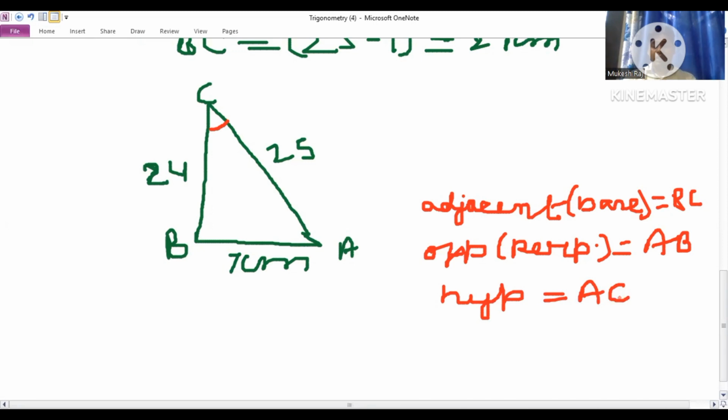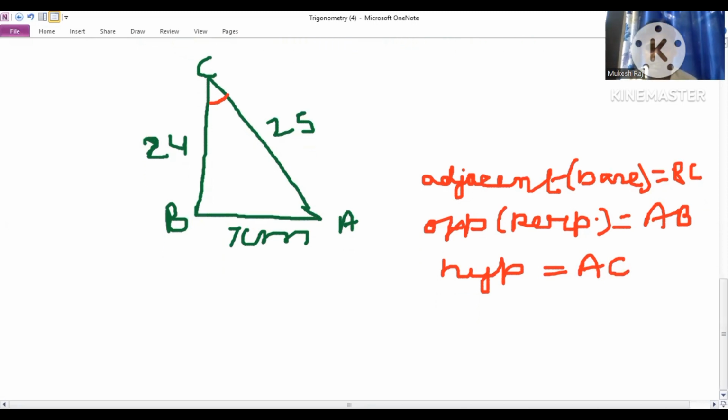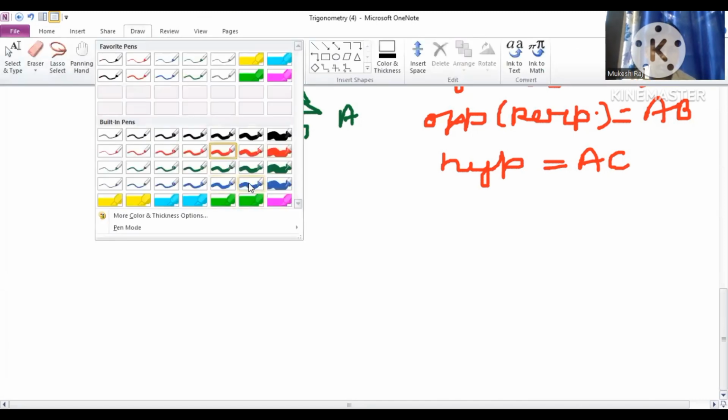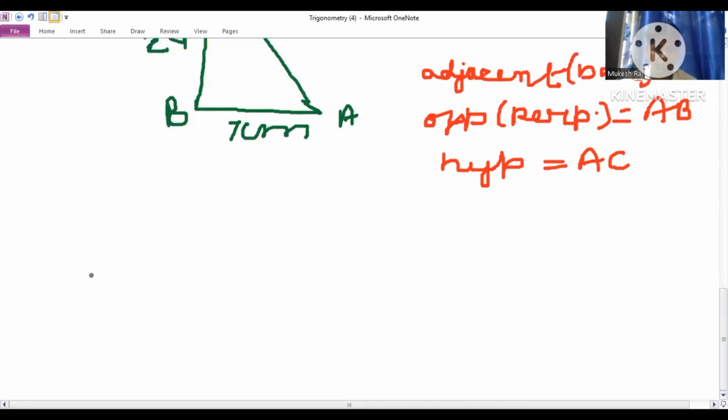Now if we know this, we can proceed and directly apply the formula to calculate the required trigonometric ratio. The required trigonometric ratio, that is sine C, is equal to, with respect to the sides, sine of any angle is equal to the opposite upon hypotenuse.